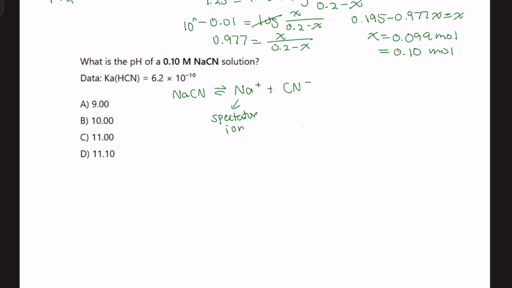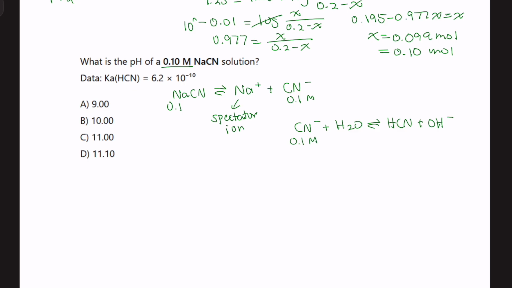And then our CN minus will go on to react with water and produce HCN plus OH minus. So it told us that we had 0.1 molars of NaCN solution. So this was 0.1, and then this will also be 0.1.